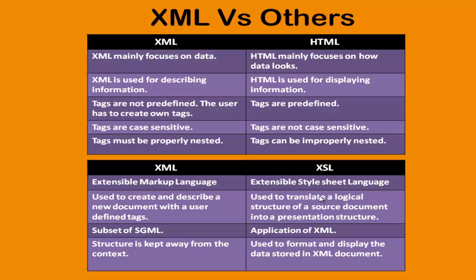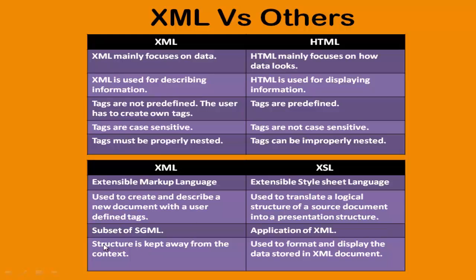It is used to convert your structural content into a presentational structure. And XML is a subset of SGML. Only based on SGML, XML has arrived. SGML stands for Standard Generalized Markup Language. Whereas XSL is an application of XML. So only based on XML, you can apply that XSL.